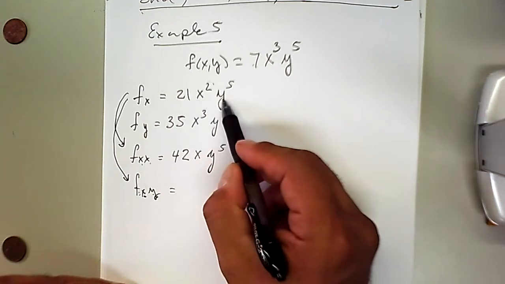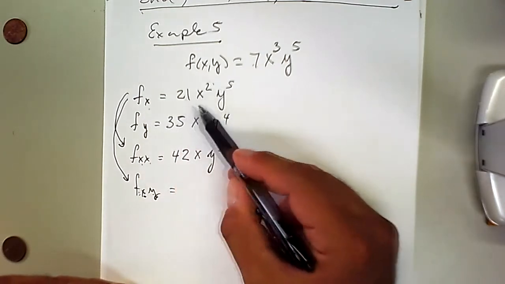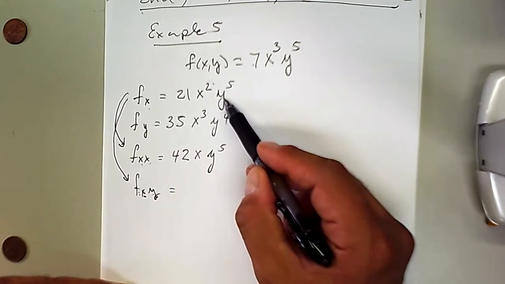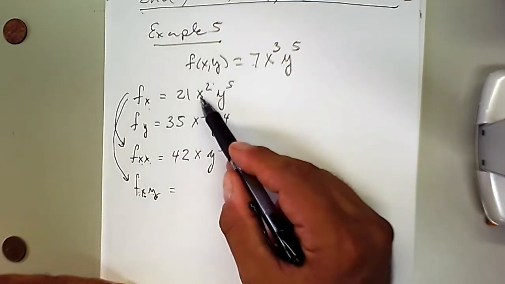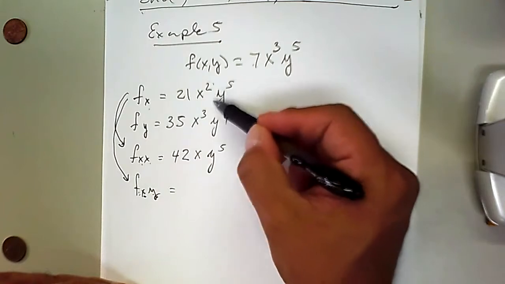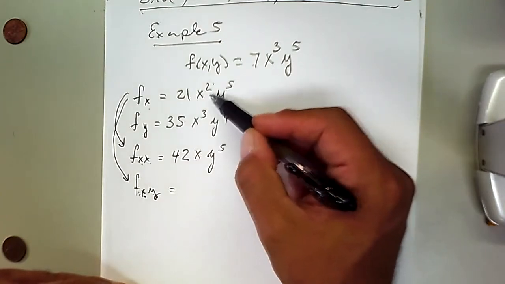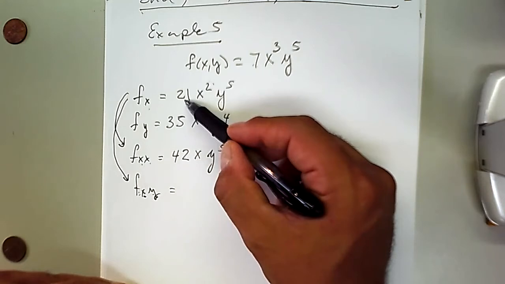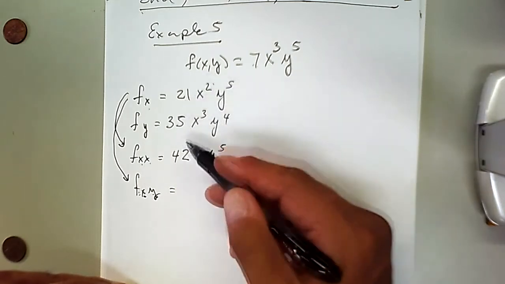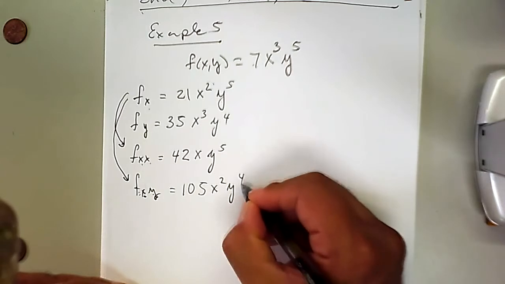So starting with this, which was the derivative of f with respect to x, find the derivative of that with respect to y this time, and that's going to give us 105 because we're doing the derivative of just the y. So 5y to the 4, but the 5 multiplied with the 21 is going to give us 105 x squared y to the 4.